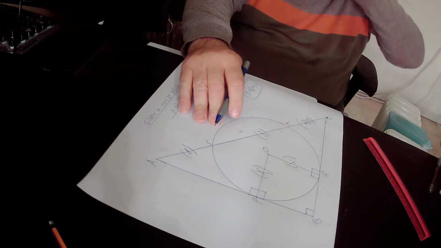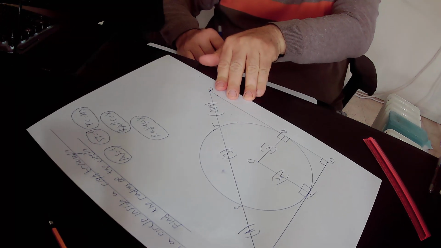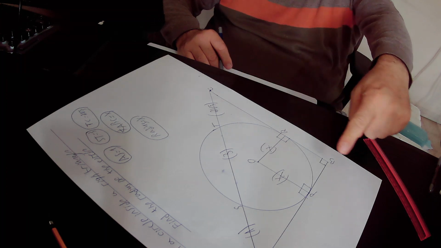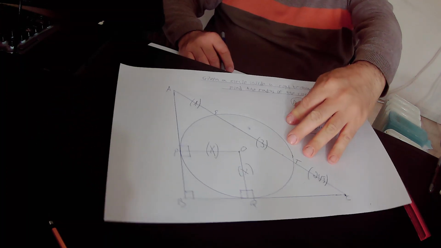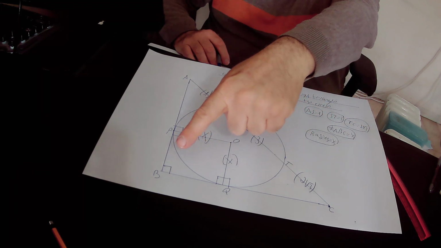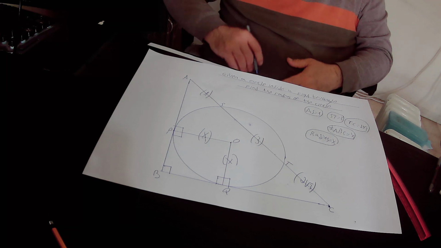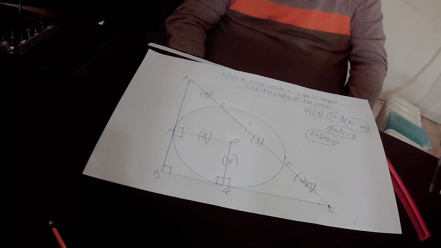In the next step, we'll focus on this quadrilateral POBQ. Inside this quadrilateral POBQ, we have 1, 2, 3 right angles. The sum of 3 right angles is 270 degrees.